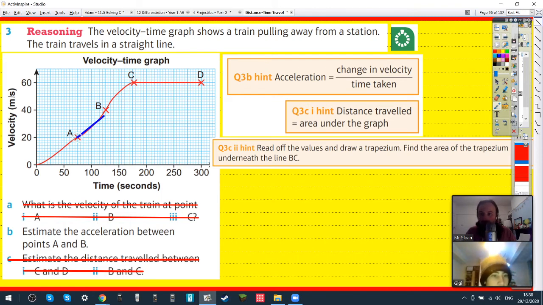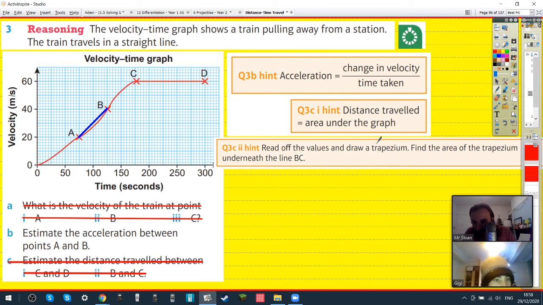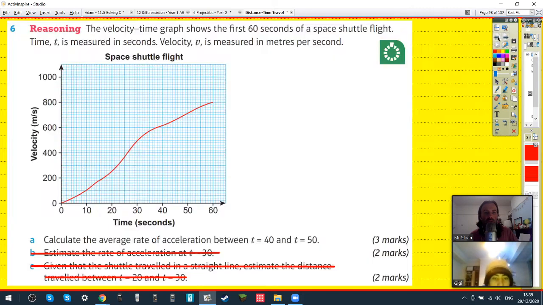So A and B. So it would be 0. Wait. 0.4. I believe it is. There we go. And that's grade 9.